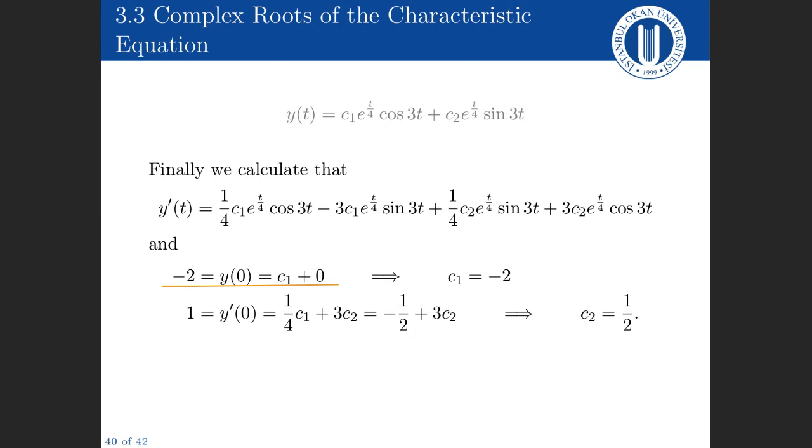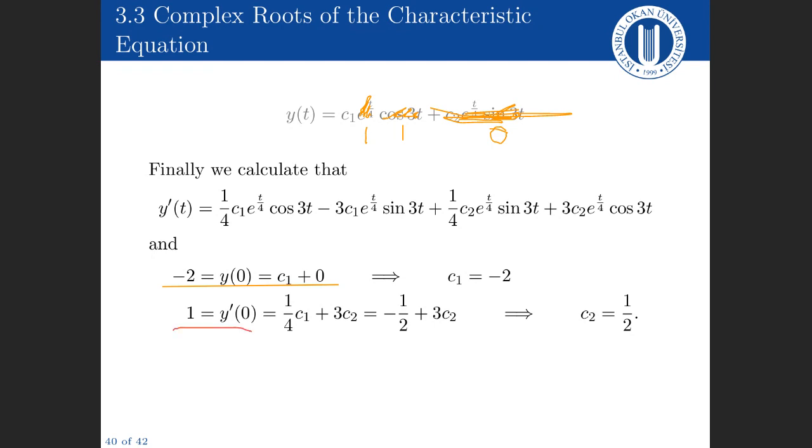If I put t is equal to 0, e to the power t over 4 becomes 1. Cos 3t becomes 1. Sine 3t becomes 0. So everything in the second half is 0, and we're just left with C1. C1 must be minus 2.